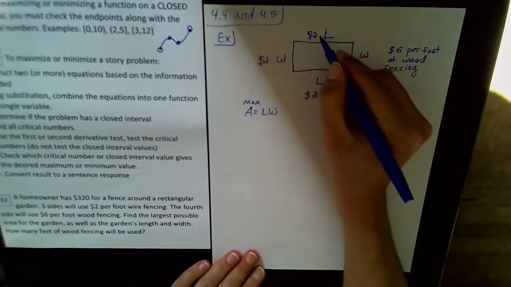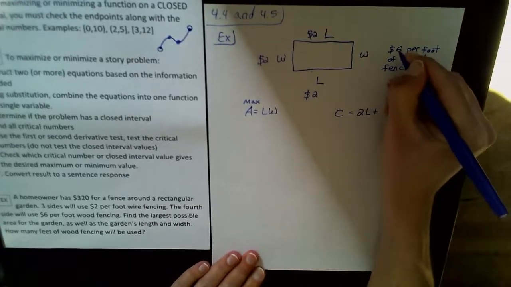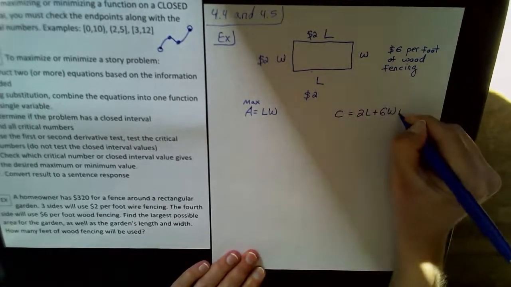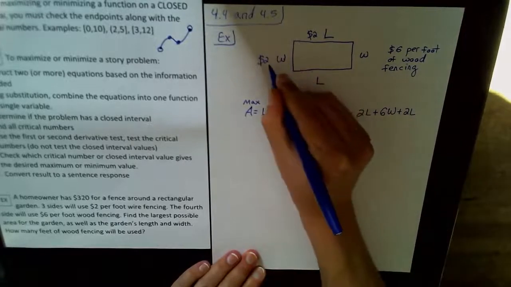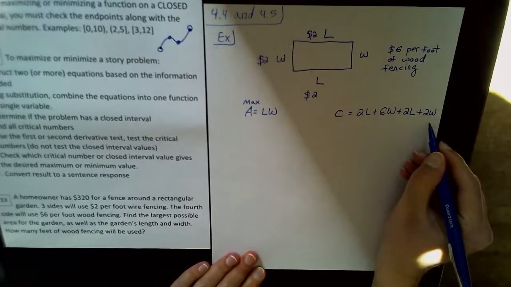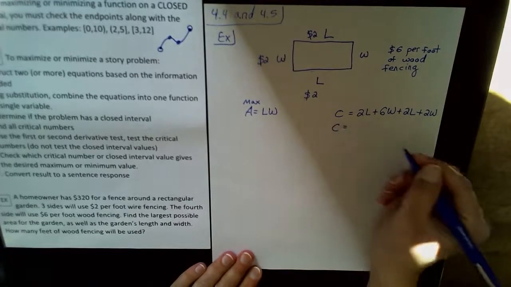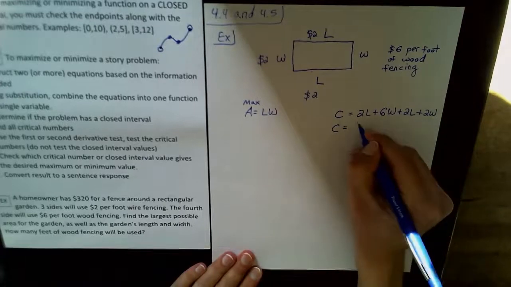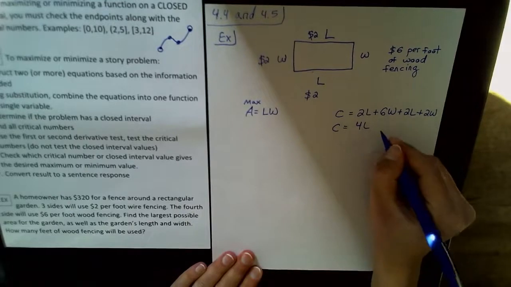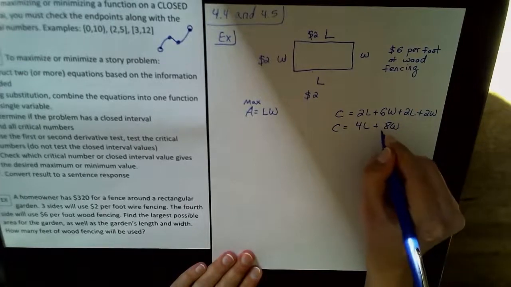Meaning the cost will be, starting with the top, 2 times L plus 6 times W plus 2 times L again plus 2 times W. This represents the total cost of the rectangular garden. And simplifying, we get C equals 2L plus 2L is 4L plus 6W plus 2W is 8W.